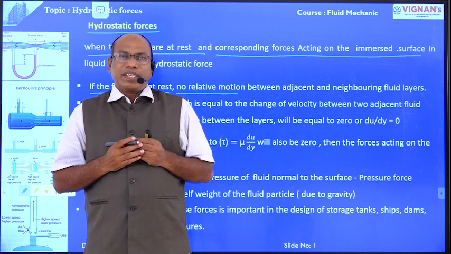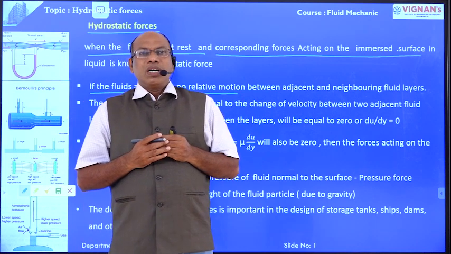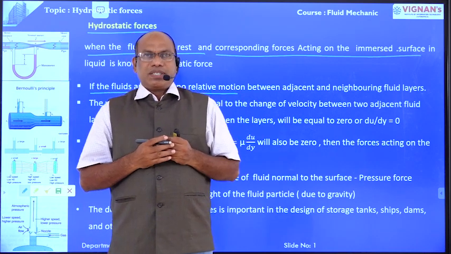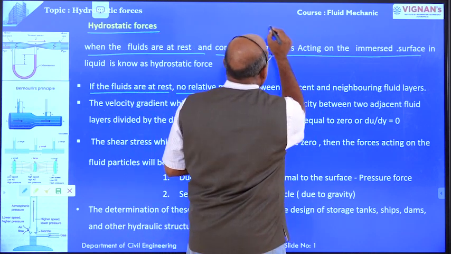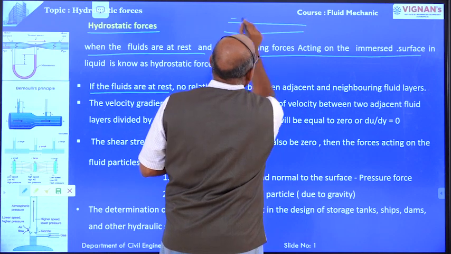If the fluid is at rest, there is no relative velocity between the two adjacent layers. That is, this is the channel, this is one fluid layer, this is another fluid layer.